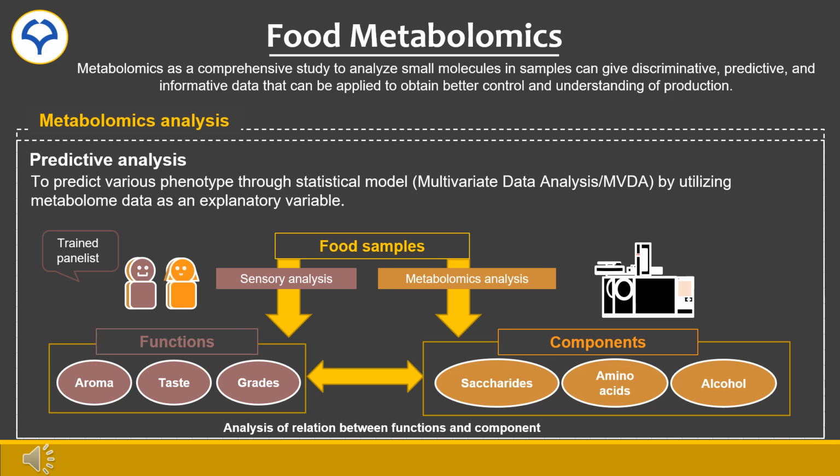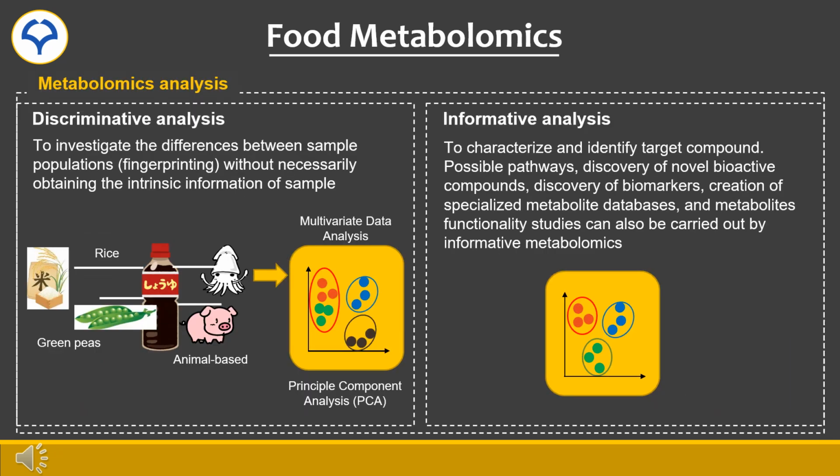The data obtained through these methods are then analyzed using statistical approaches such as multivariate analysis to explore the relationship between food quality and its components. Discriminative analysis in metabolomics is used to investigate differences between sample populations without obtaining detailed information about the samples.